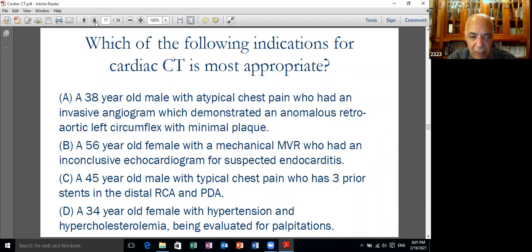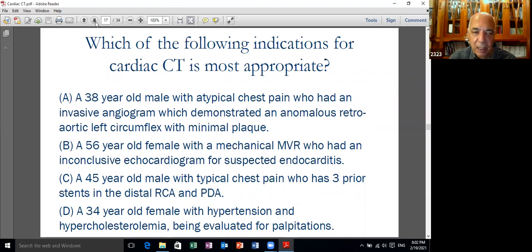C, a 45-year-old man with typical chest pain who has 3 prior stents located in the distal RCA and PDA, or D, a 34-year-old female with hypertension, hypercholesterolemia being evaluated for palpitation. So which of these 4 choices is an appropriate indication for cardiac CT?